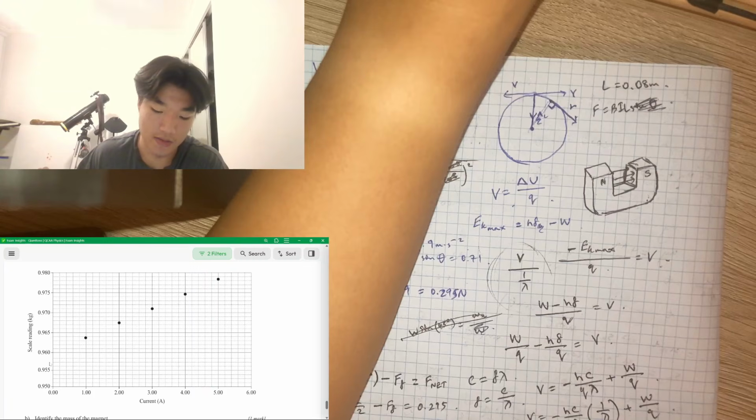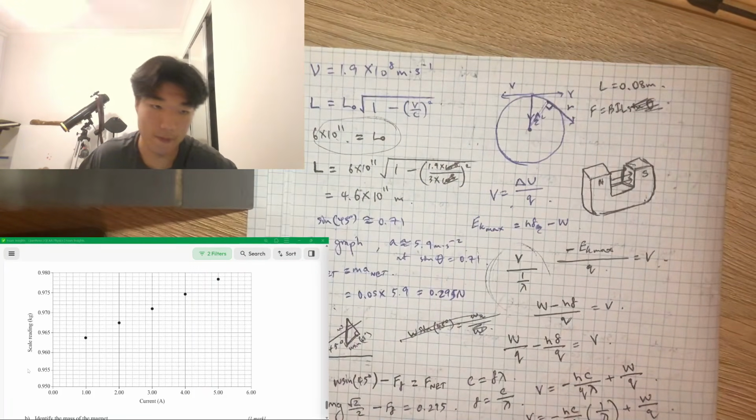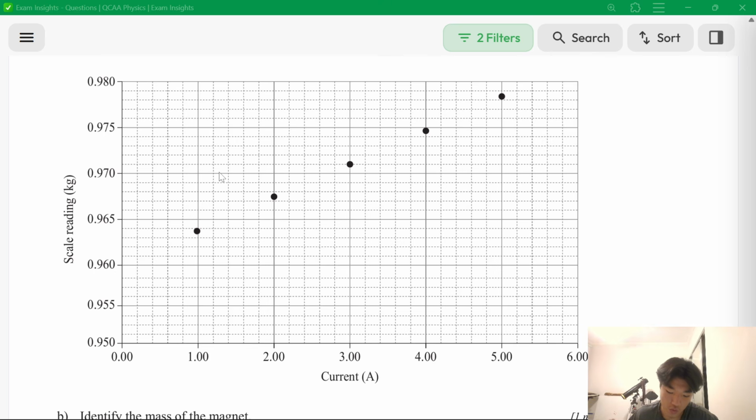Mass and current. Okay. So we're combining the force with force due to gravity. No, we aren't. No, we aren't. Wait.